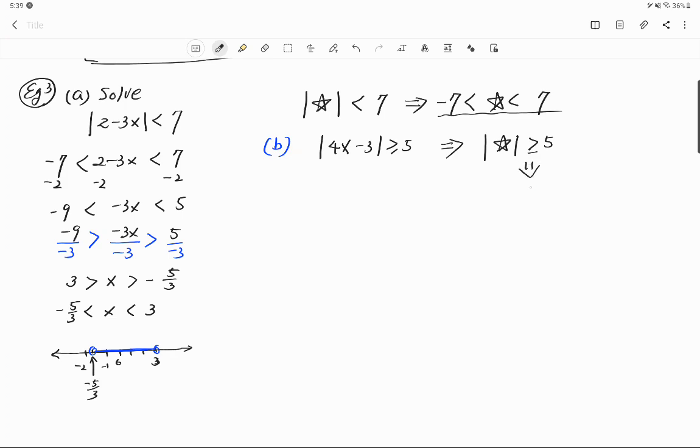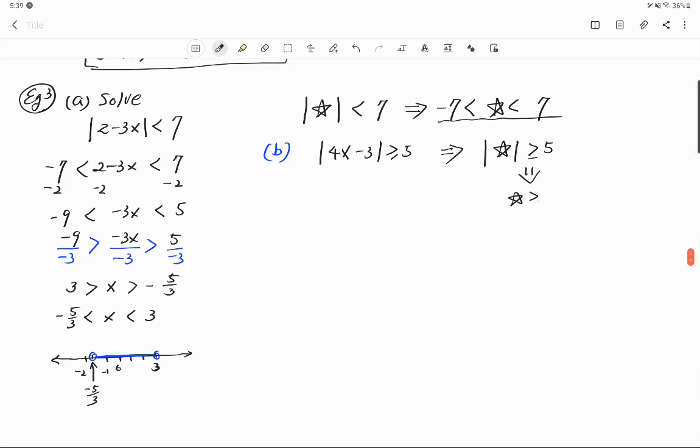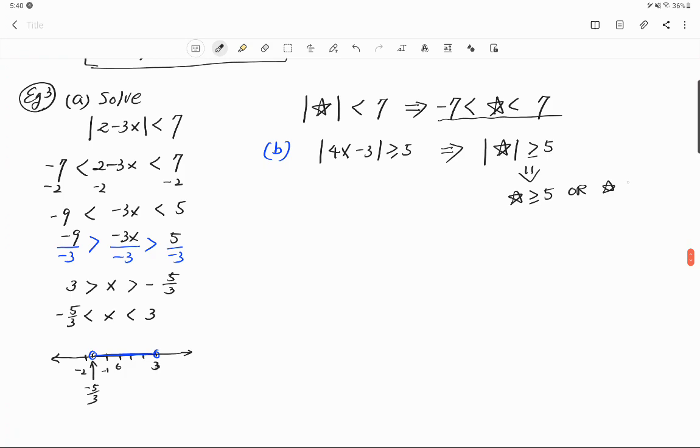This means the expression inside the absolute value is greater than or equal to 5, or, that is outside, the star is less than or equal to negative 5. So one is positive 5, one is negative 5, and that is outside.